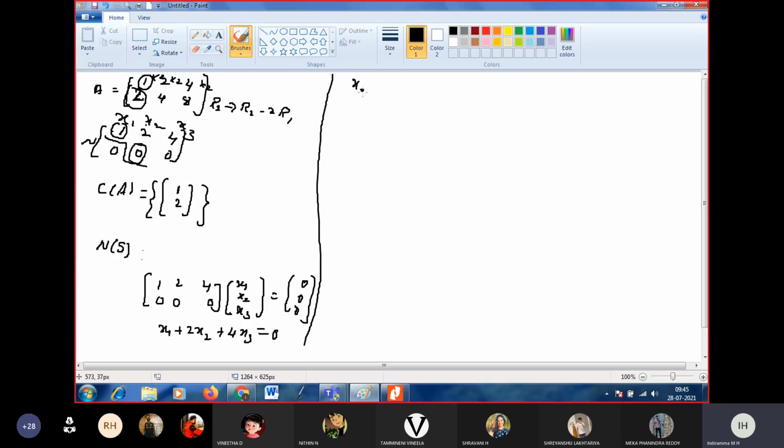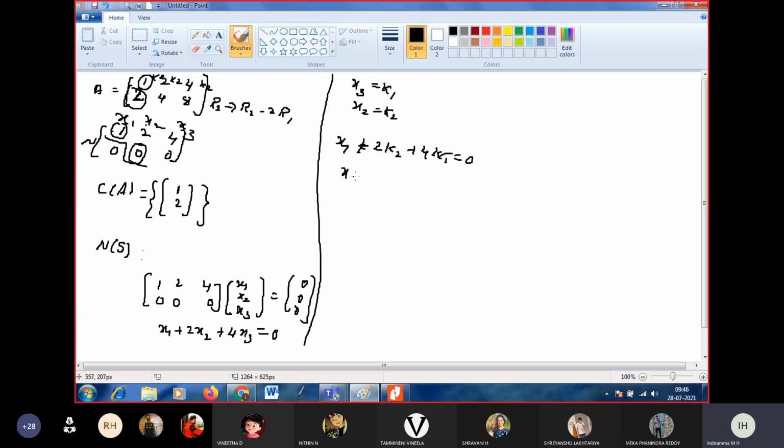Let x3 equal k1 and x2 equal k2. We choose these for the two free variables, k1 and k2. Therefore x1 plus 2 times k2 plus 4 times k1 is equal to 0.